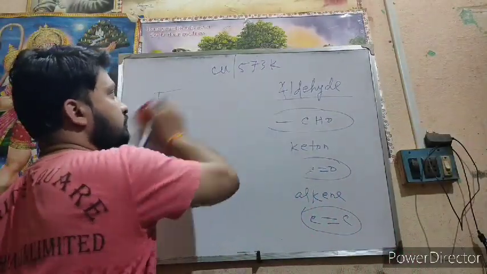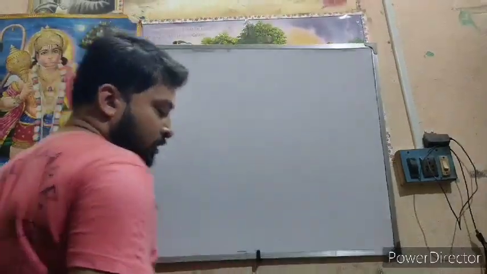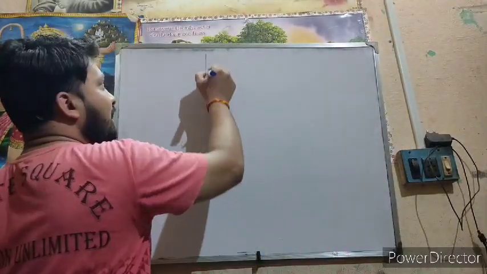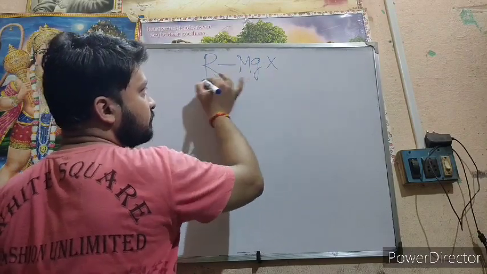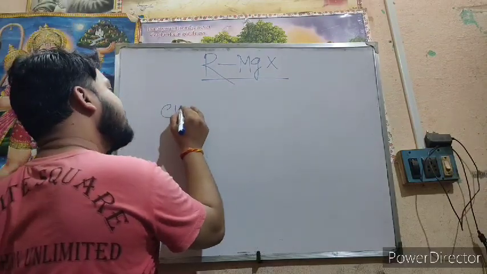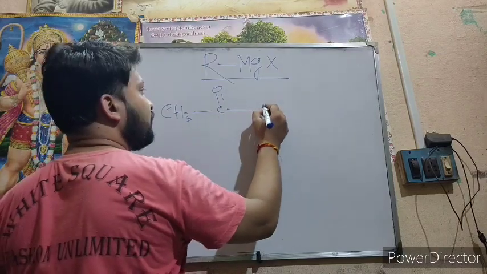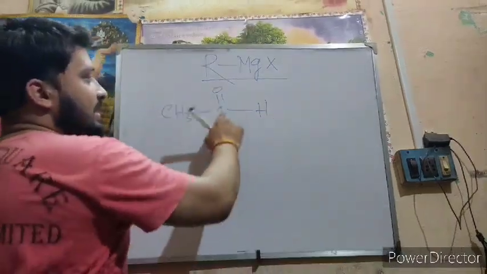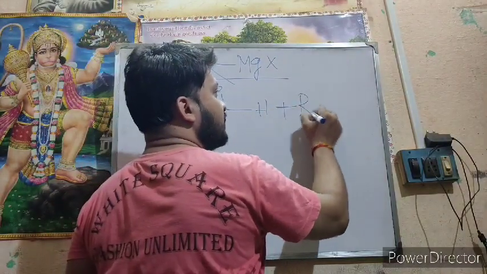Next, if you want to react with RMgX, Grignard reagent, what happens? Okay, if you take CH3CHO aldehyde, and you want to react with RMgX.